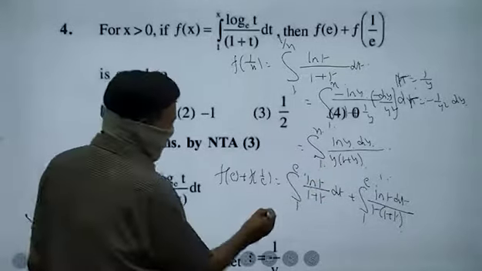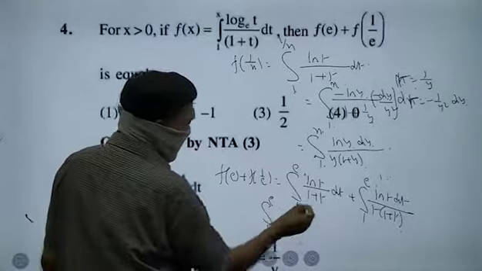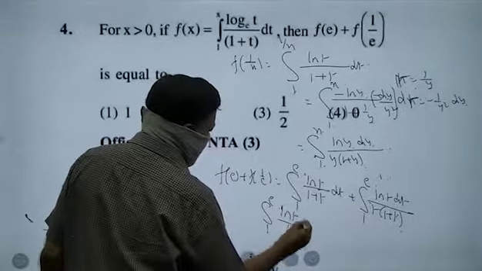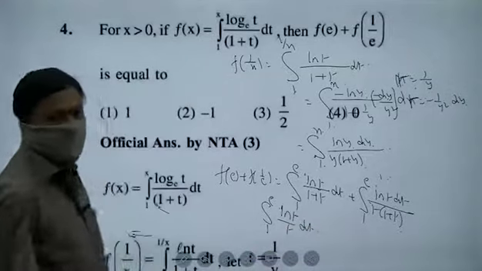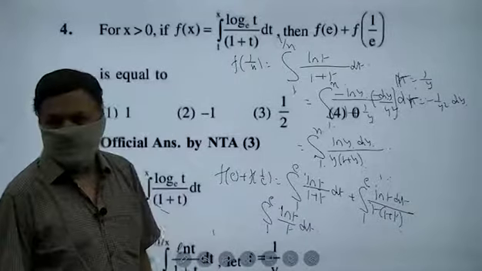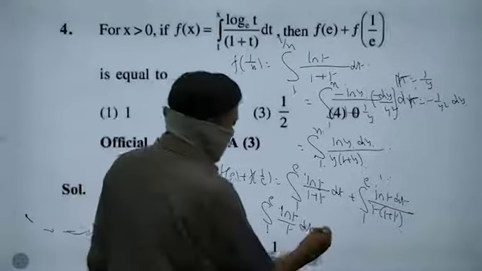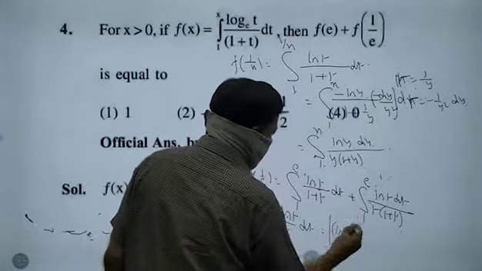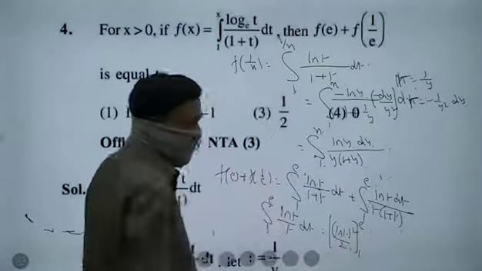Now when you add these two, 1 to e, this plus this will give you ln t by t dt. Correct? This plus this, take LCM. Then you are going to get ln t whole square by 2, 1 to e.